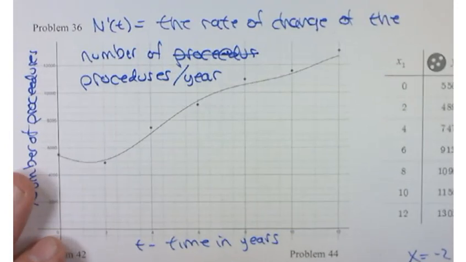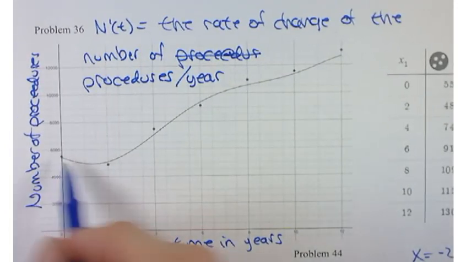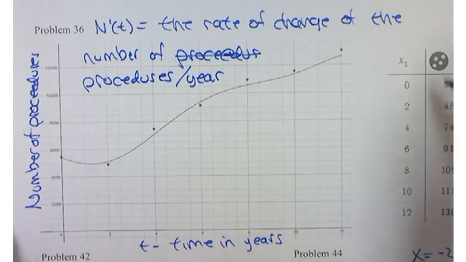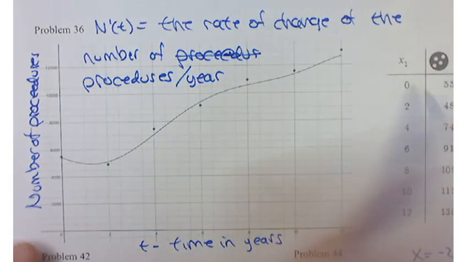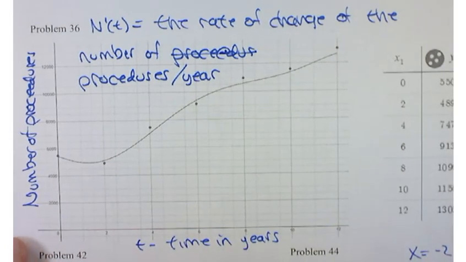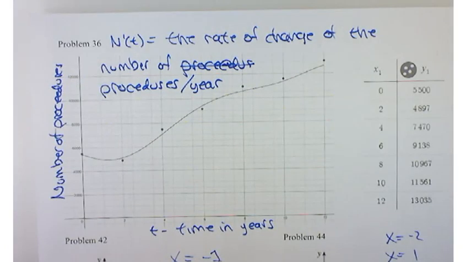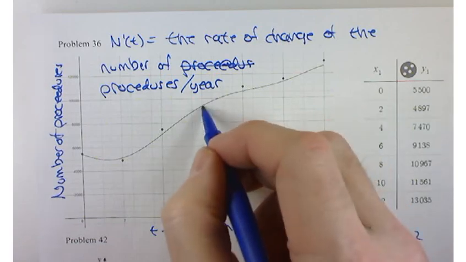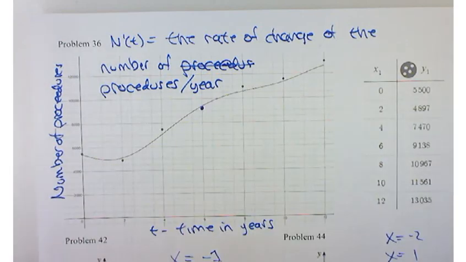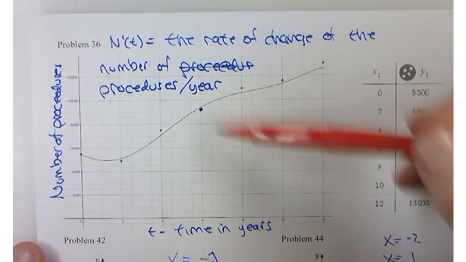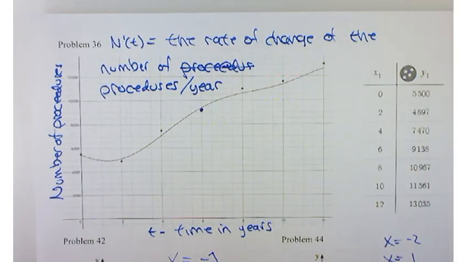Now that rate of change would probably be negative between 2000 and 2002. It dropped a little bit, but after that it's on a march upwards. If you were asked to estimate that rate of change for the year 2006, there's a couple things you could do.